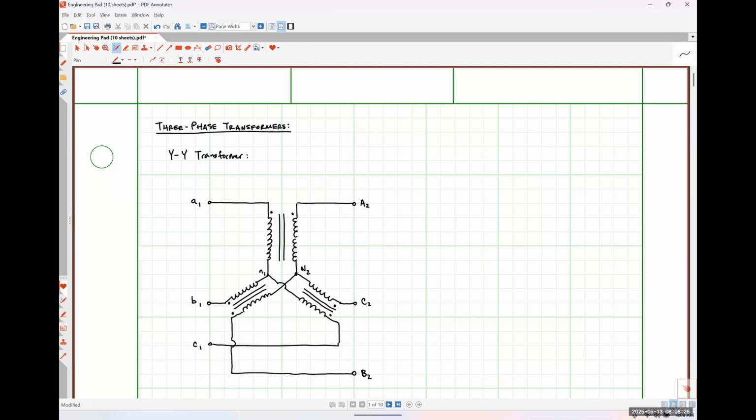Like so. So this is just three coils on the primary side where the undotted terminal is tied together, and then three coils on the secondary side where once again the undotted terminals are tied together.